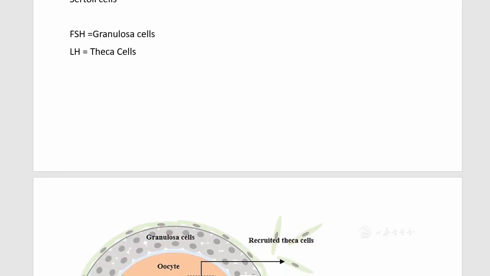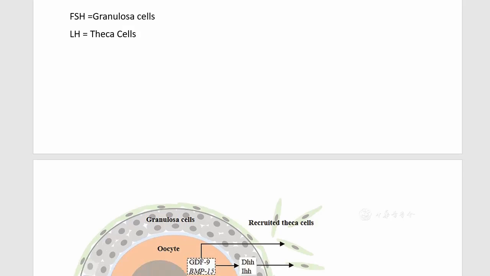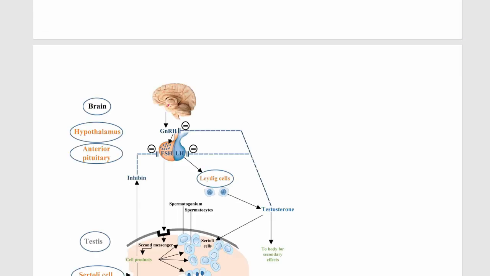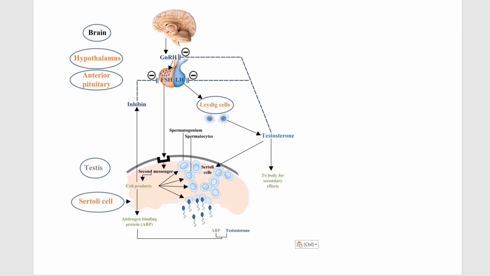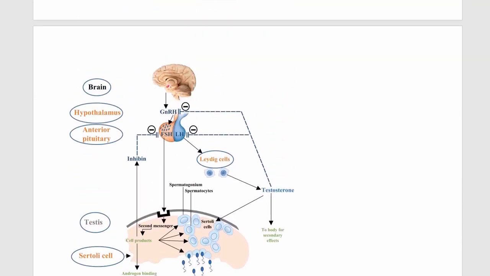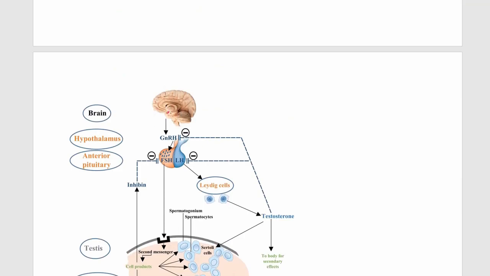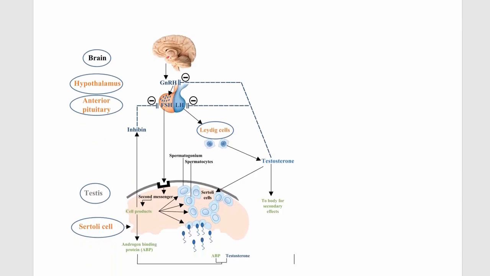So let's grab another diagram to help us through this. And in fact, we're actually going to need 2 for this. So let's grab the other one, and we'll just go through this. Okay, so Sertoli cells are also known as sustentacular cells, and these are found in the seminiferous tubules of the testes in men. So at the bottom of this diagram here, you can see those Sertoli cells.